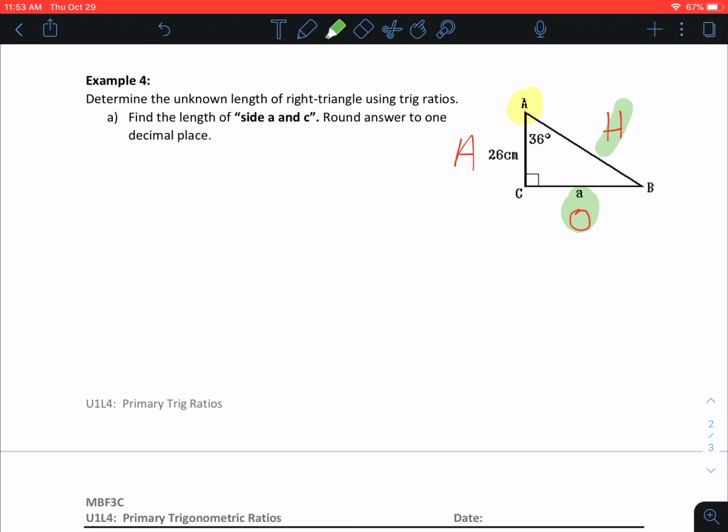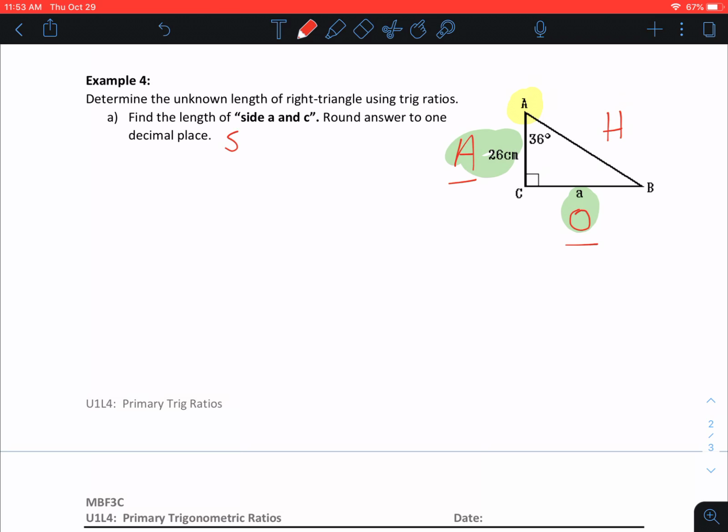I'm not going to choose side H because I don't know the length of that side, and that's not going to give me any information. But I do know the length of side A, so I'm going to use that side because it has the number. So then I ask myself, which trig ratio has the opposite and the adjacent?